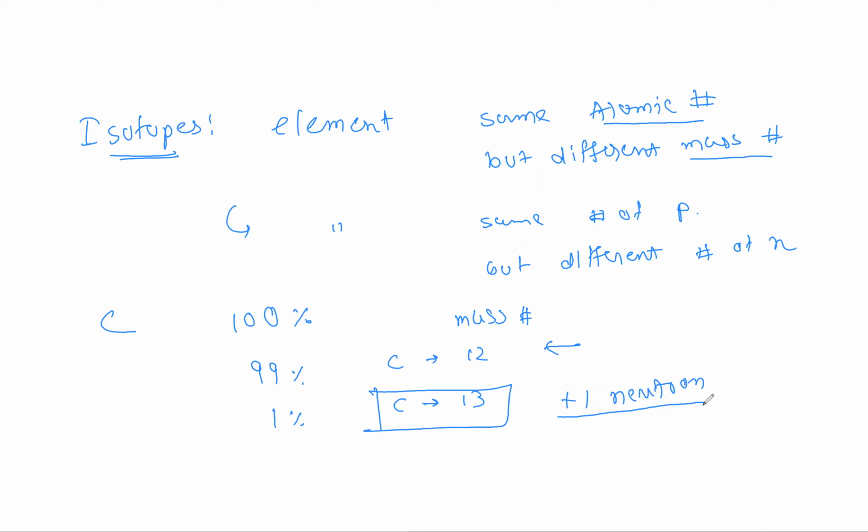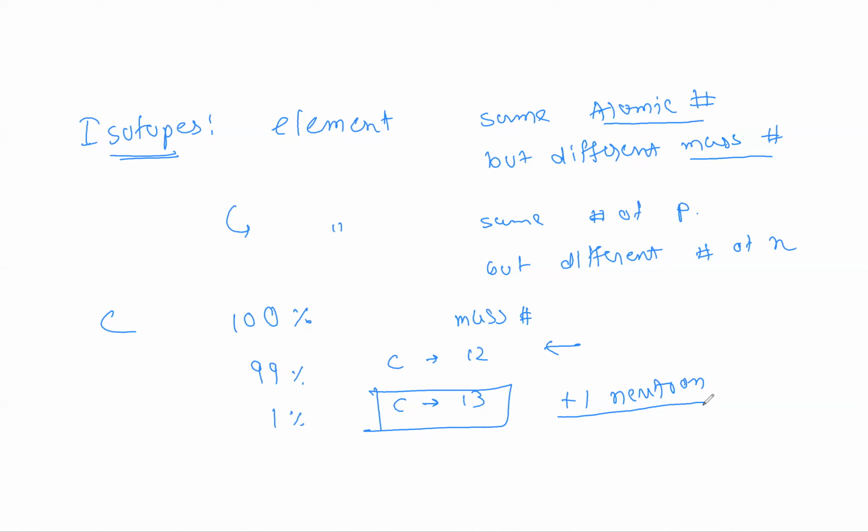So this is different for different elements. For carbon, there are two isotopes, 12 and 13. For sulfur, there are three isotopes. For phosphorus, I think there are two or three isotopes. You don't have to know how many isotopes exist for each element. All you need to know for any course you are taking right now is the formula to find the actual mass number or atomic mass that you see in the periodic table.